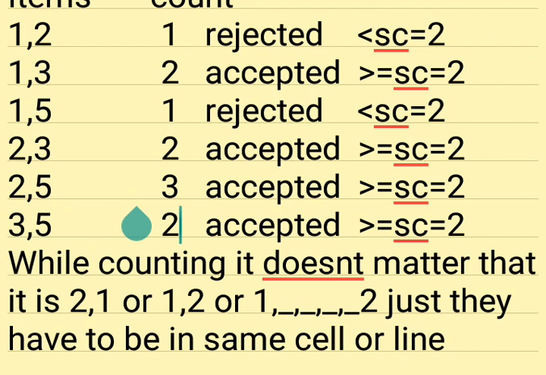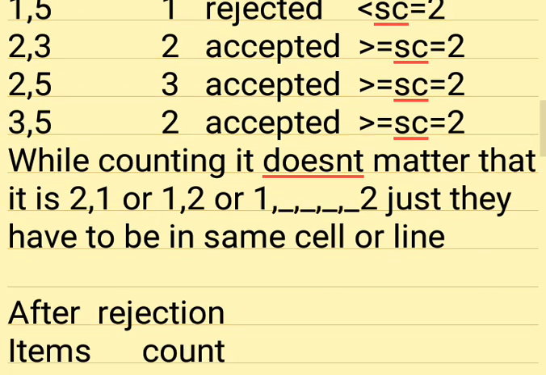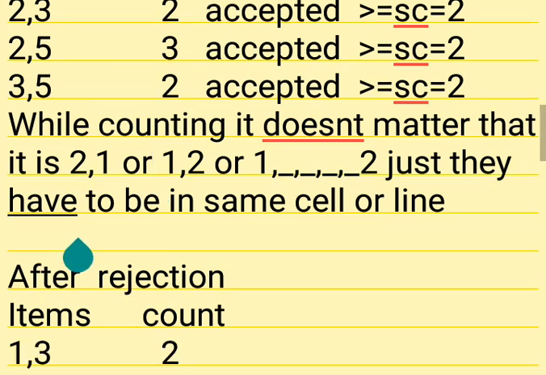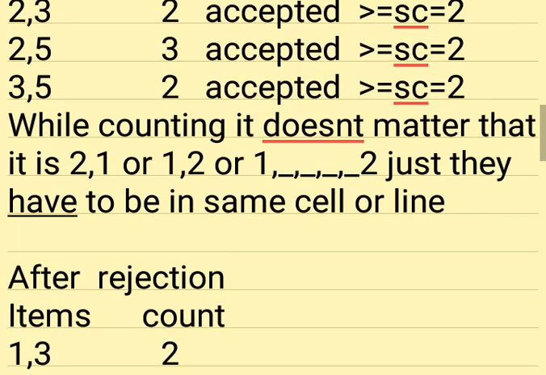After getting these counts, we will accept only those greater than or equal to 2 and reject all those less than the support count. While counting, it doesn't matter whether it is 2 1 or 1 2; they just have to be in the same line. After rejection we will get this table for 2 pairs.